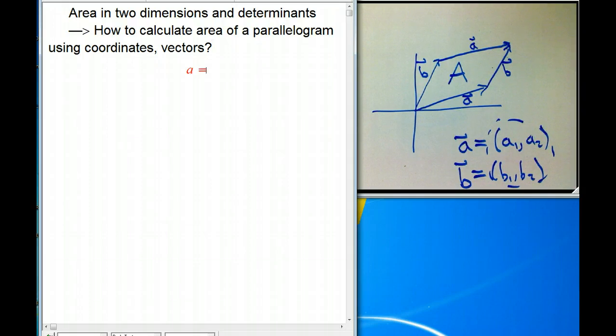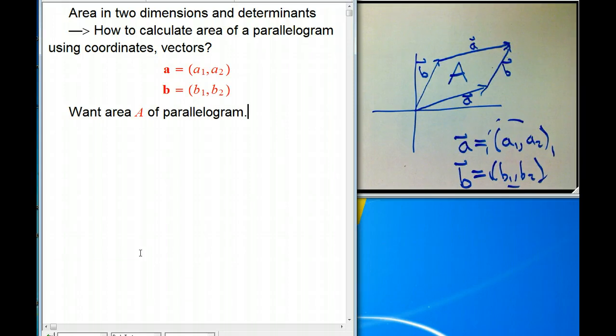So we have A equals A1 A2, B equals B1 B2, and let's bold that in just to make it look like a vector. Okay, and I want to get the area of the parallelogram. And we're going to call that A.